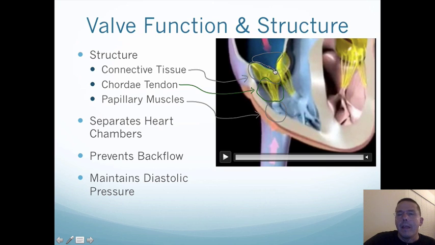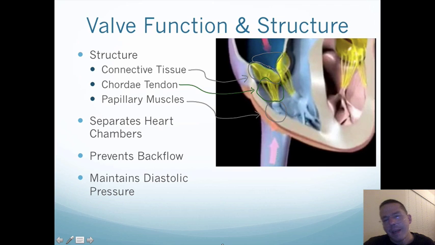The connective tissue here is made primarily of fibrous and collagen tissue. It's very tough. If I were to give it an actual consistency, it would be similar to gristle on steak. I know no one likes to go and chew through a nice heart valve, but whatever you're into.